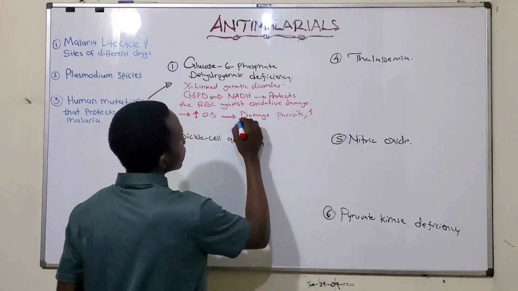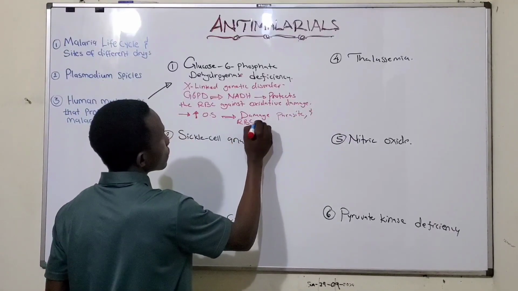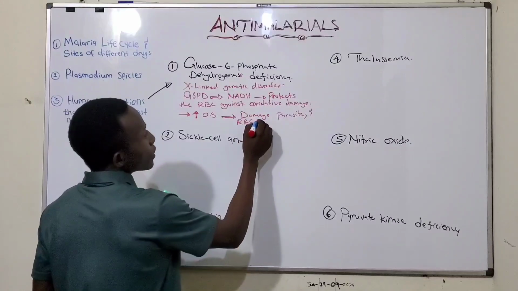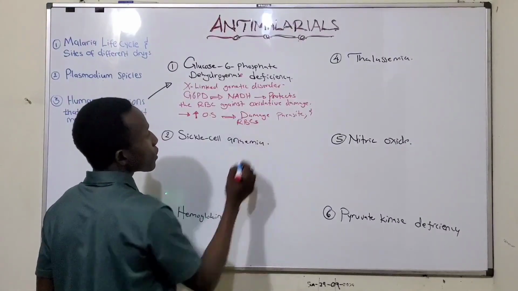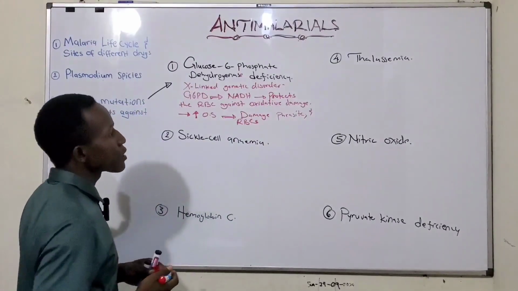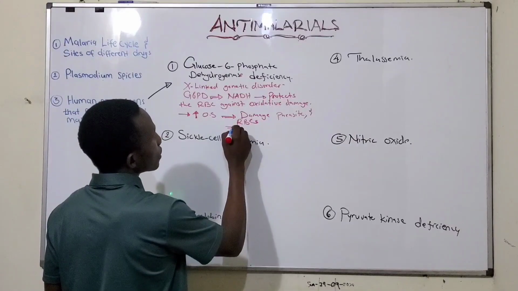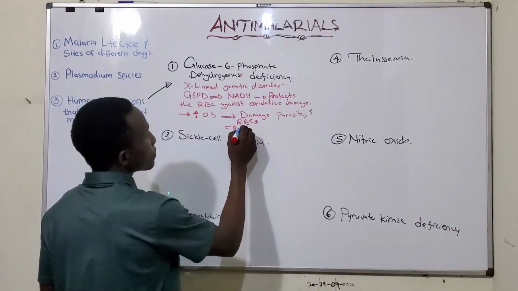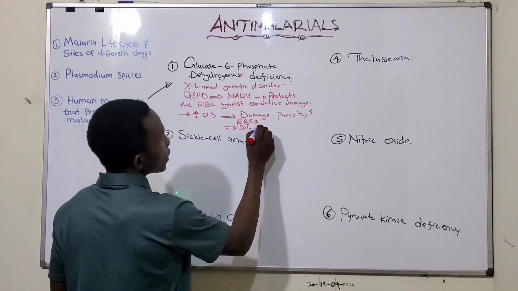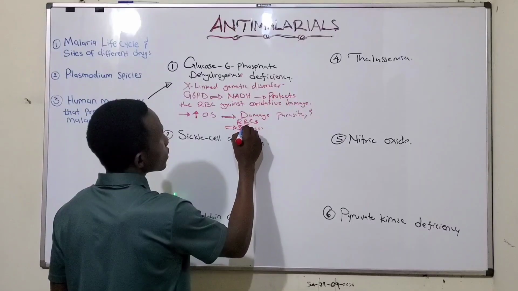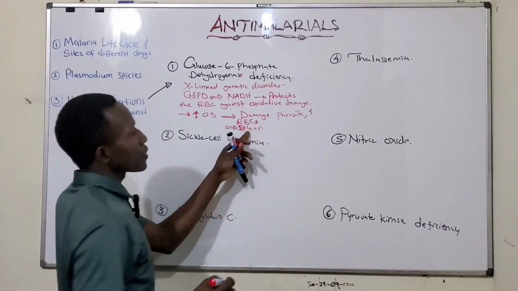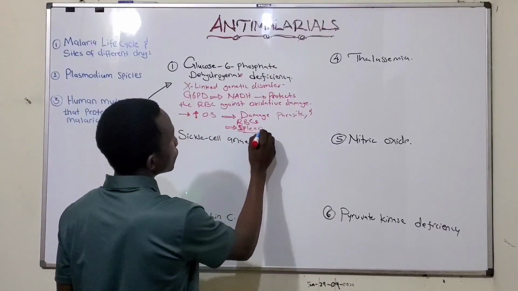So the infected and damaged red blood cells are easily removed by the spleen. The spleen detects these red blood cells and they are removed.